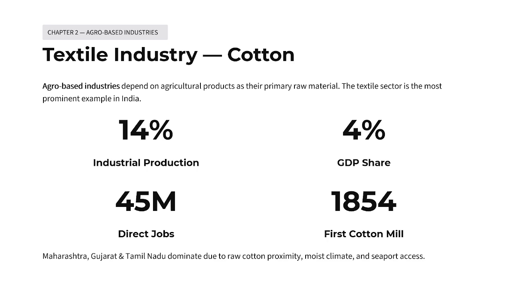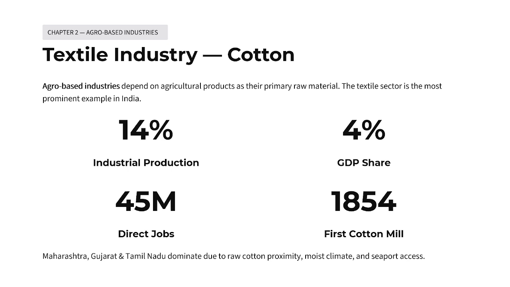The textile industry shares almost 4% of the nation's gross domestic product, GDP share, and gives almost 45 million direct jobs. The first cotton mill was established in 1854.